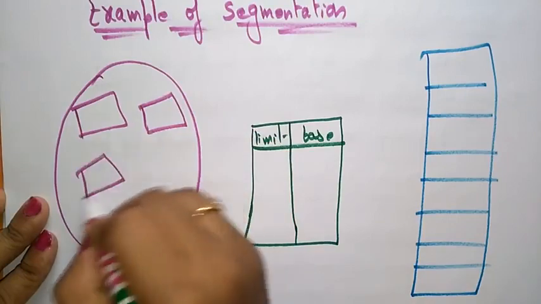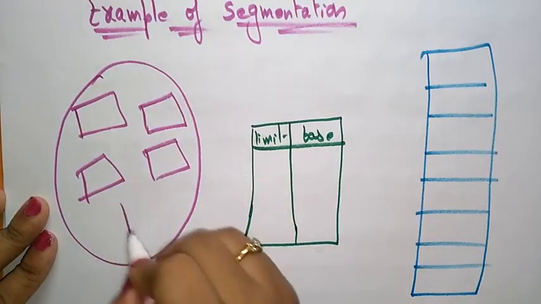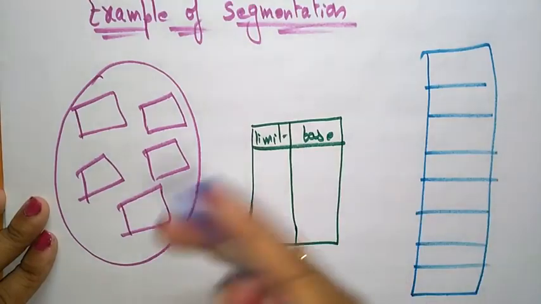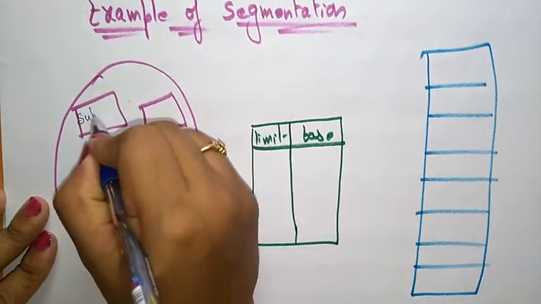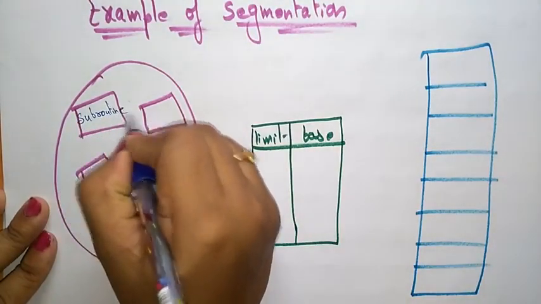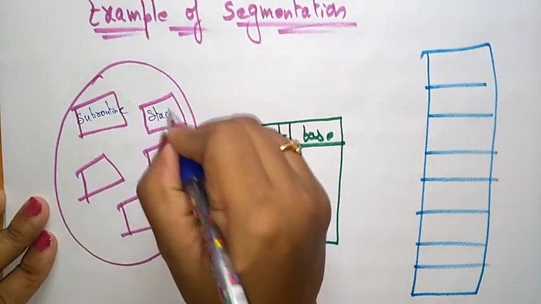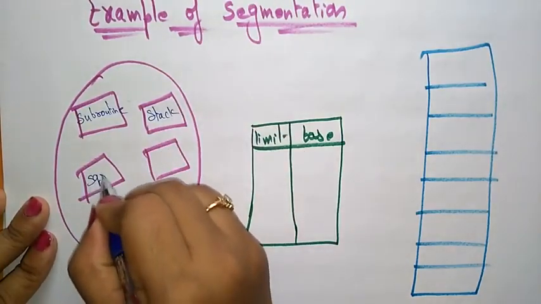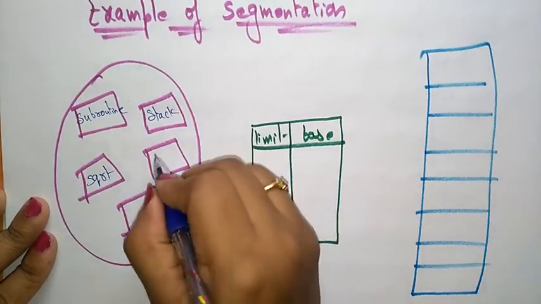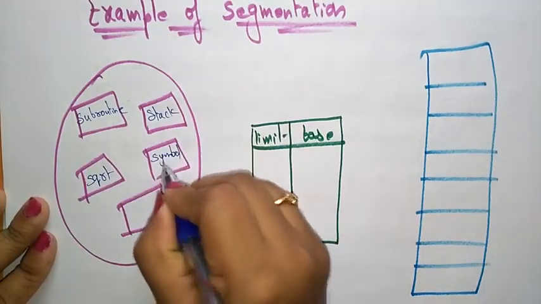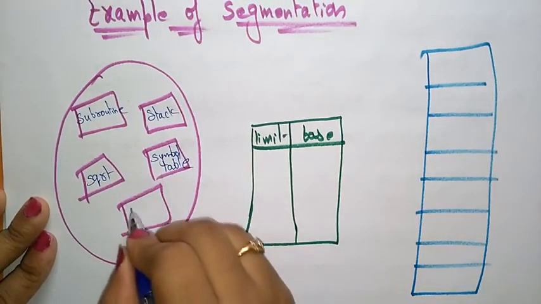Let us take different segments: the subroutine, the stack, square root, which is one of the functions, the symbol table, and the main program.